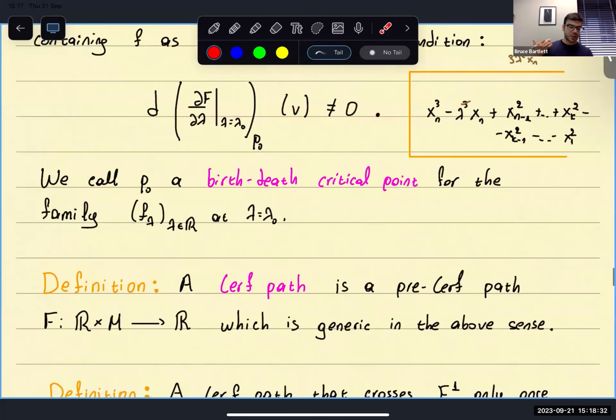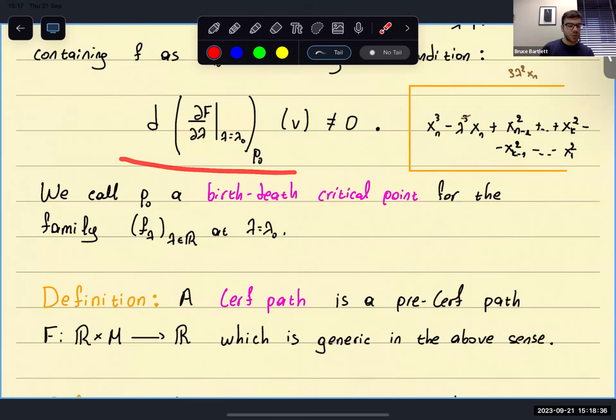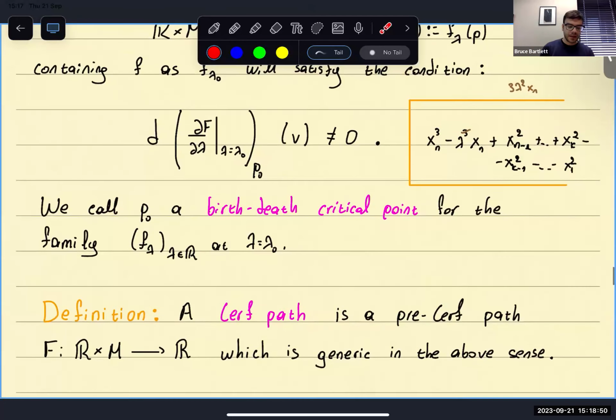And the Cerf path is just a pre-Cerf path which always satisfies this genericity condition when it is relevant. So whenever a pre-Cerf path crosses the F1 alpha stratum, it must cross it in a generic way, in a way that this condition is satisfied.